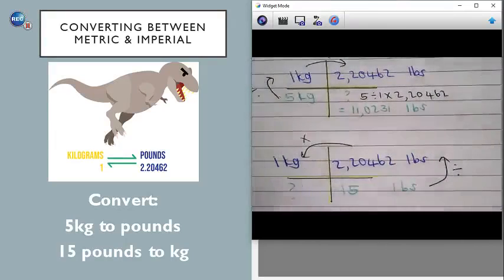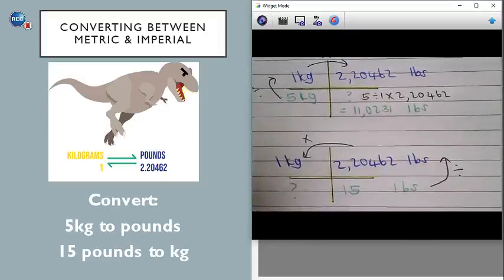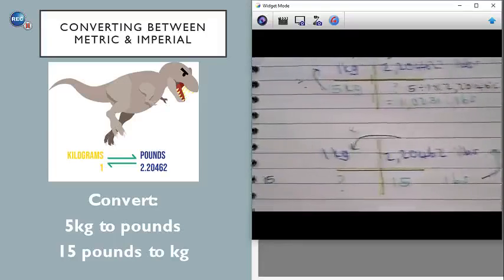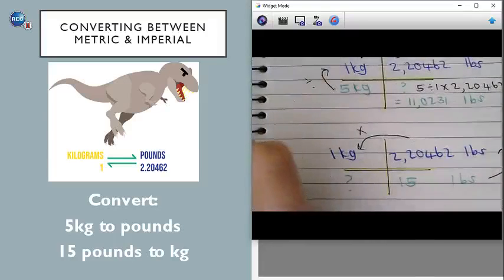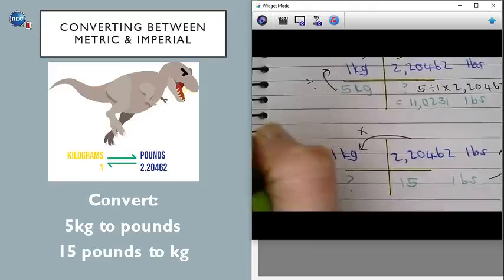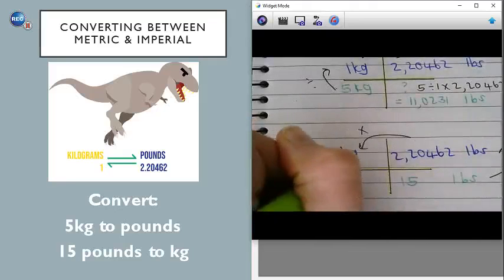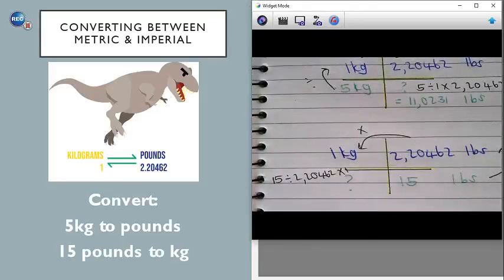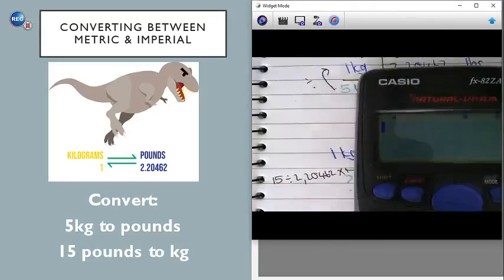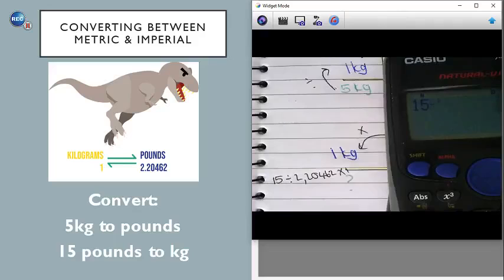So in this case it's going to be 15 divide 2,20462 times 1. And when we do that on our calculators, it will be 15 divide 2.20462 times 1.